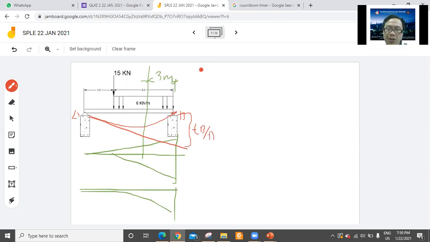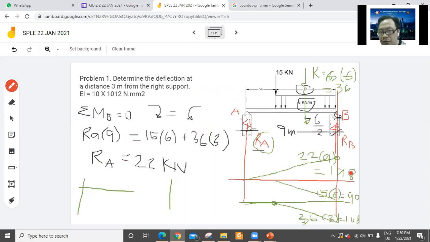So what is the deviation at B from A? It is equal to 1 over EI times the area moment. What is this height? It was already calculated earlier, which is 198. So the area here is 198 times this length, which is 9.